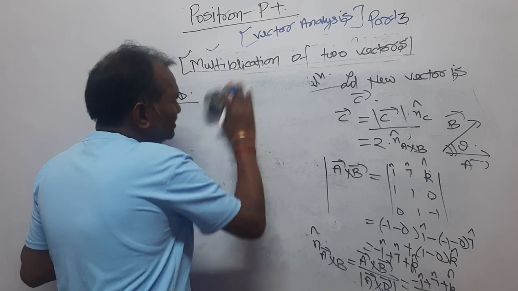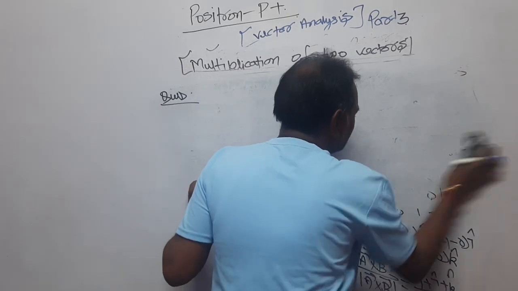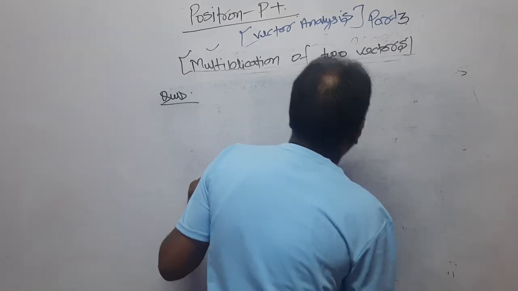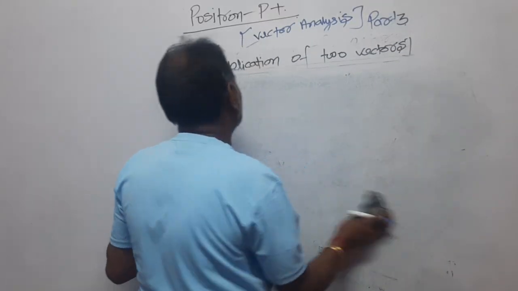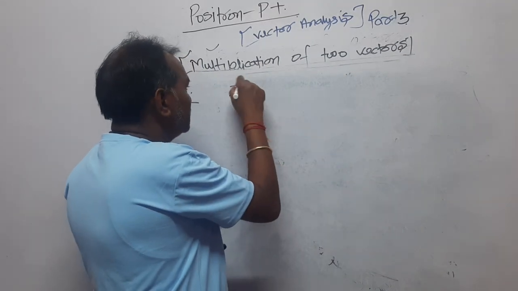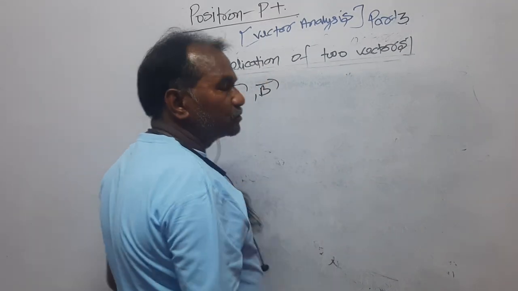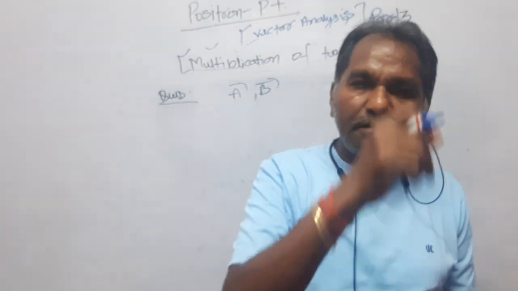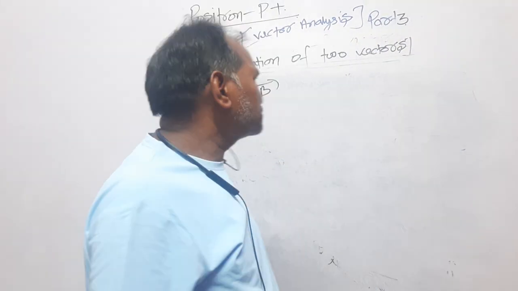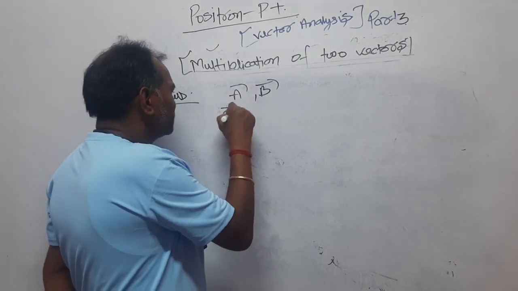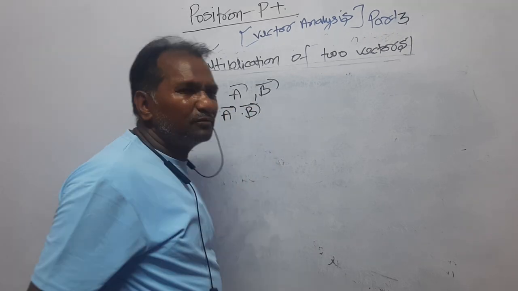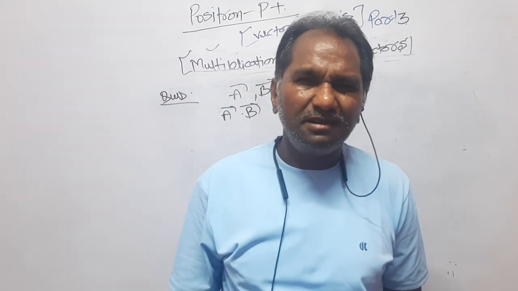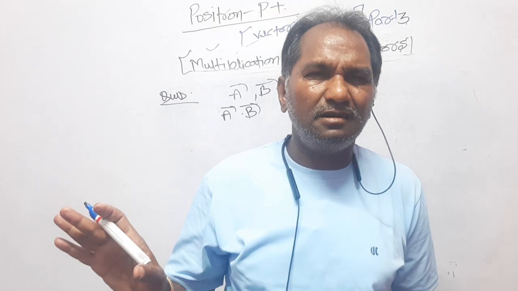Now dear student, again I am repeating, I am just going back. Let the two vectors be vector A and vector B. If somebody asks what A dot B represents, there is no answer at all.